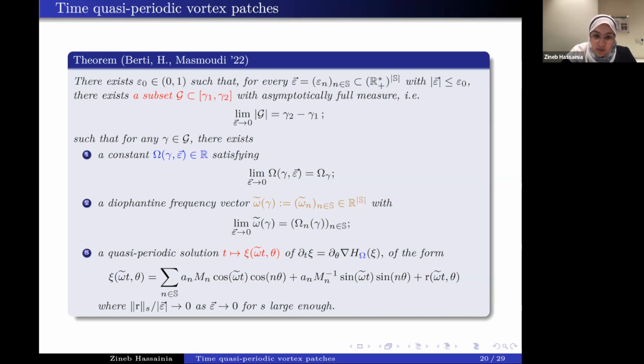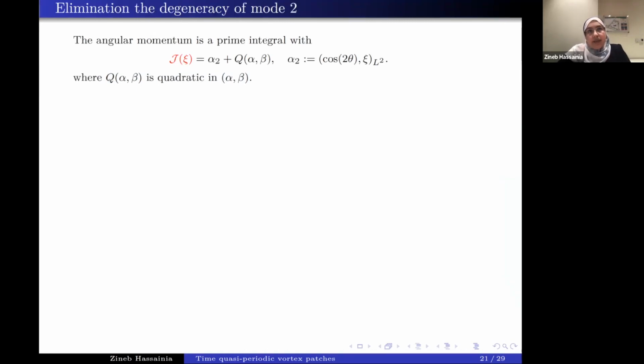Okay, now about the proof. So besides the quasi-linearity of our problem, which is expressed as an integral operator with a singular kernel, the small divisor problem, and the lack of rotation invariance close to the ellipse, we have a major problem, which is the degeneracy of the mode 2.